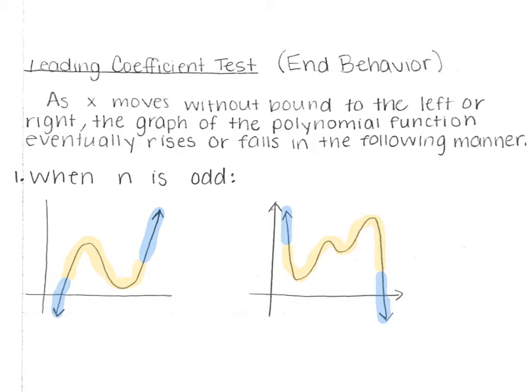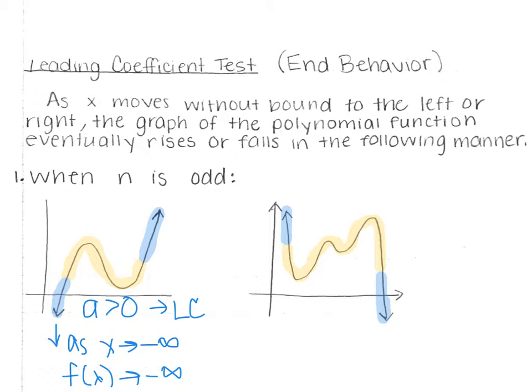Okay, so how does this work? Well, when n is odd, this will be when our a is greater than 0. So this is when your leading coefficient is greater than 0. It's going to behave in this manner. So what it's saying is this arrow right here. As x approaches negative infinity, so the smaller our x value gets, the smaller f of x is going to get.